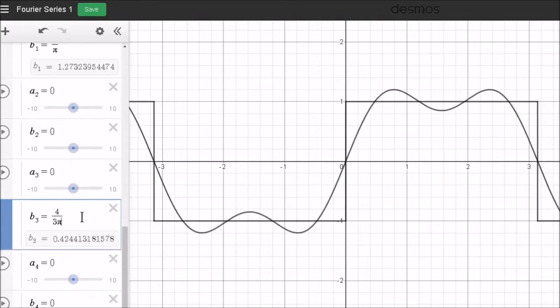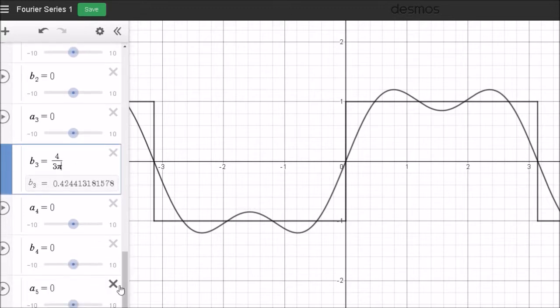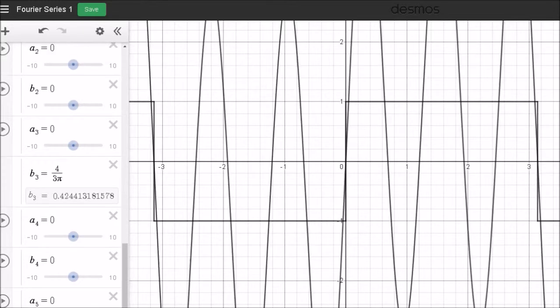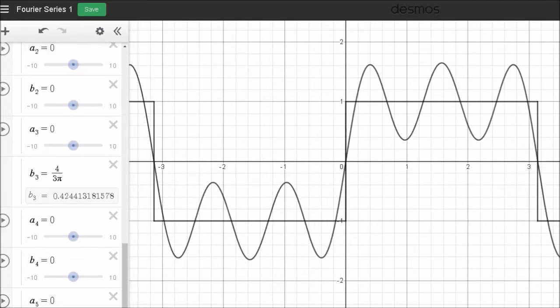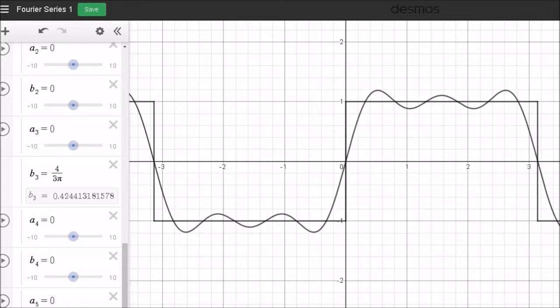And that's our second approximation. You can see it's starting to tend towards that square function. And finally, the last one we're going to put in is our 4 divided by 5 times pi. So there you go, that's our terms that we've added in. You can see it's starting to approximate that square function.